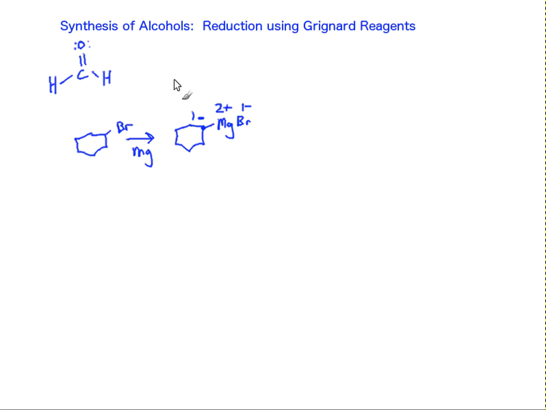I think of it as if that alpha carbon has a lone pair and a negative charge, a carbanion. And like a salt, it's counterbalanced by these other ions. That's Mg2+, Br-. But this is really our nucleophile.